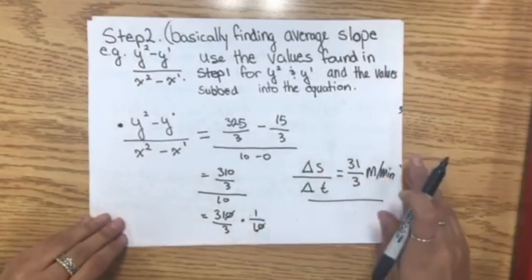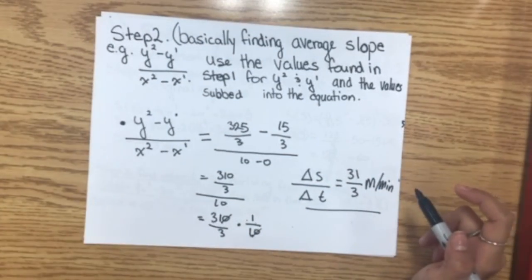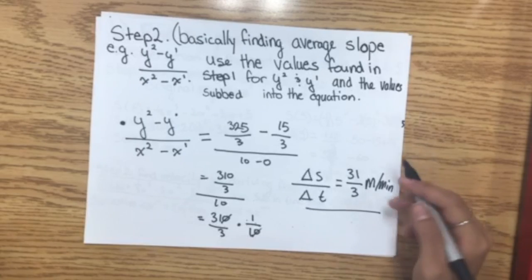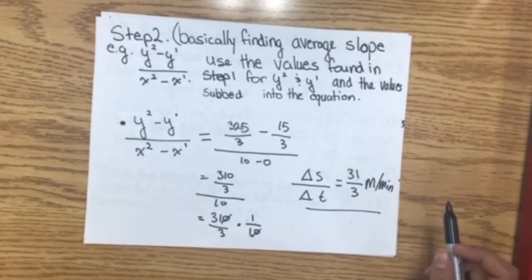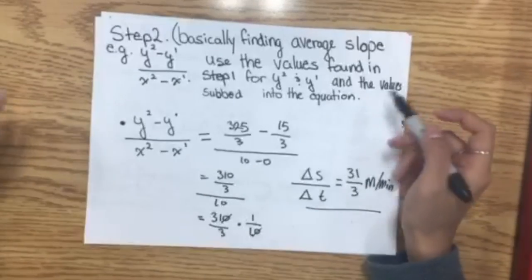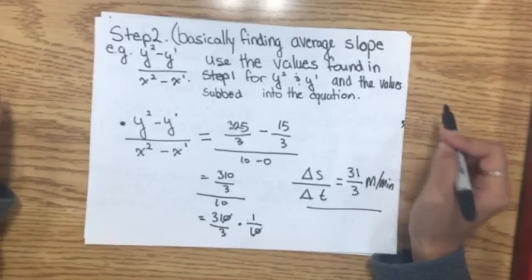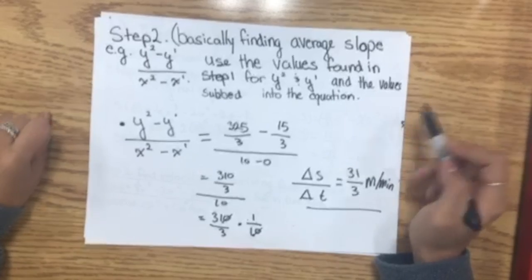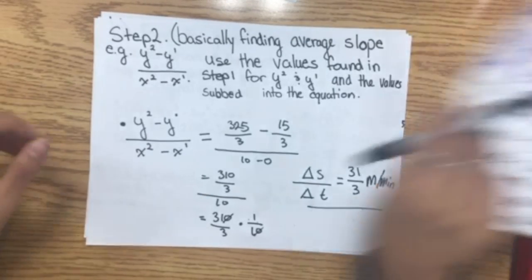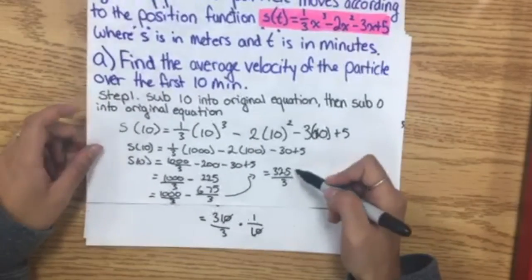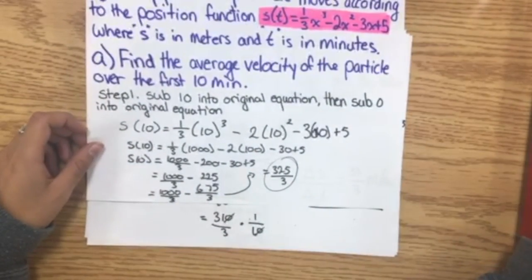The second step is finding the average slope, which is y2 minus y1 over x2 minus x1. We use the values from step 1 for y2 and y1: y1 is 5, and y2 is 325 over 3.